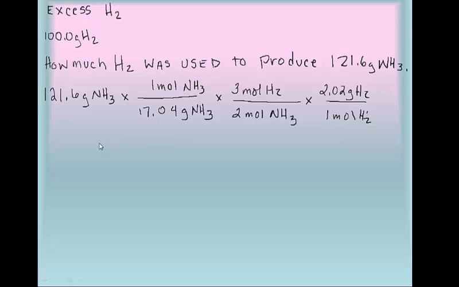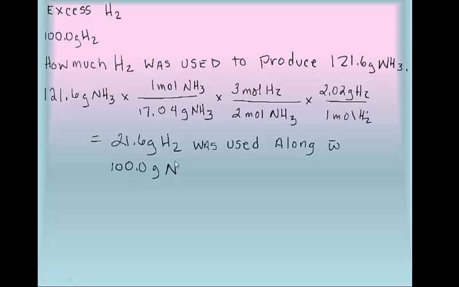If I do this math in my calculator, I find out that 21.6 grams of hydrogen gas was used, along with 100 grams of the other reactant, to produce 121.6 grams of product.